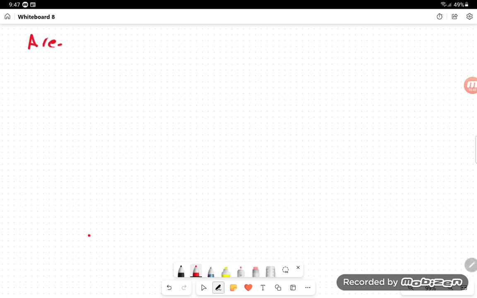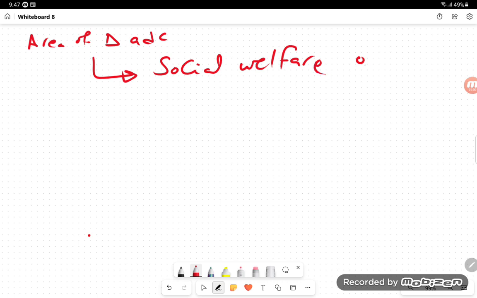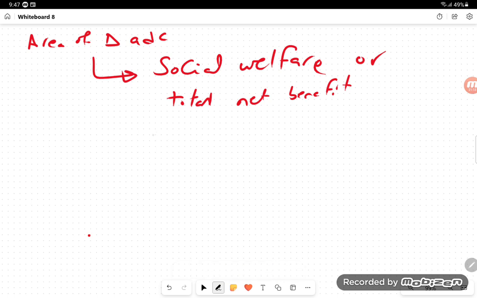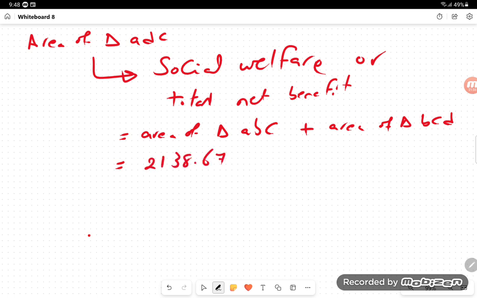So area of triangle ADC is social welfare or total net benefit, which is the summation of area of triangle ABC and area of triangle BCD, equal 2138.67.